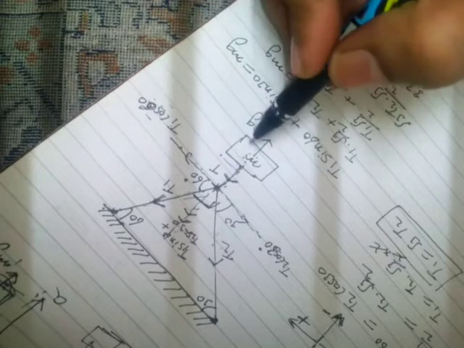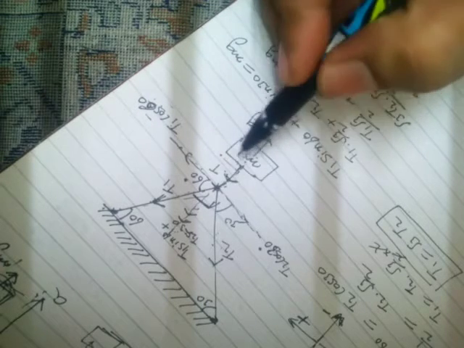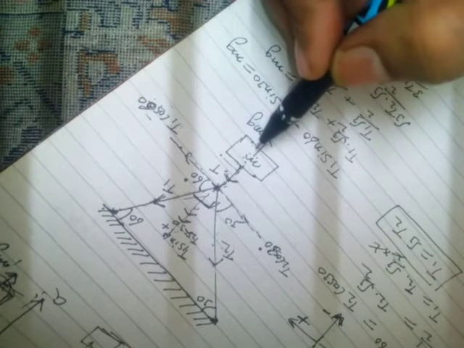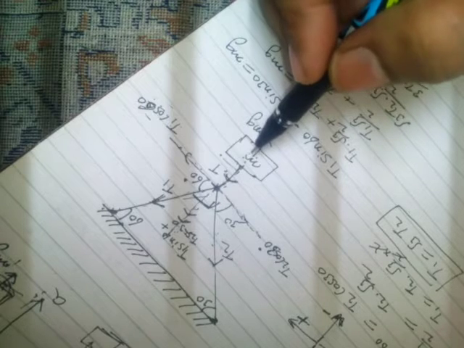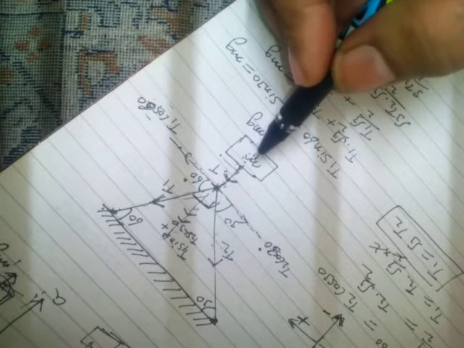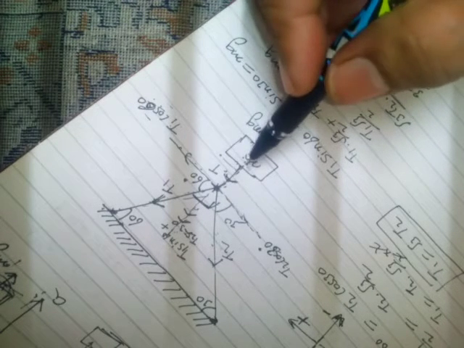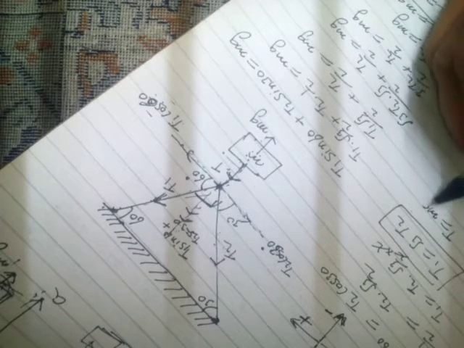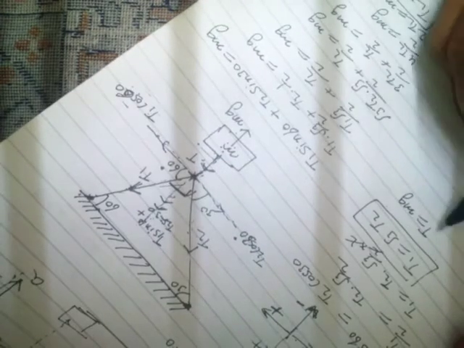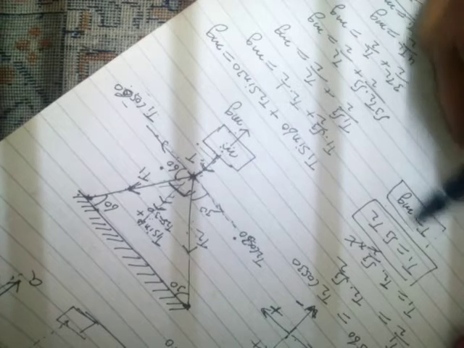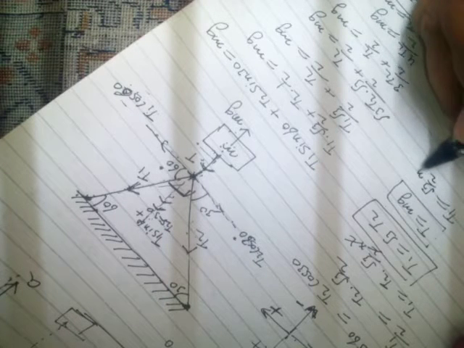You see, T is equal to mg. So T equal to mg. So we came to the conclusion T equal to mg, T1 equal to root 3 by 2 mg, and T2 equal to 1 by 2 mg.